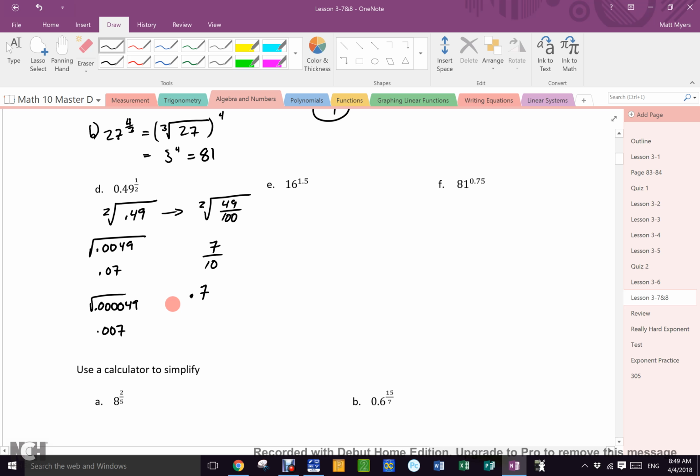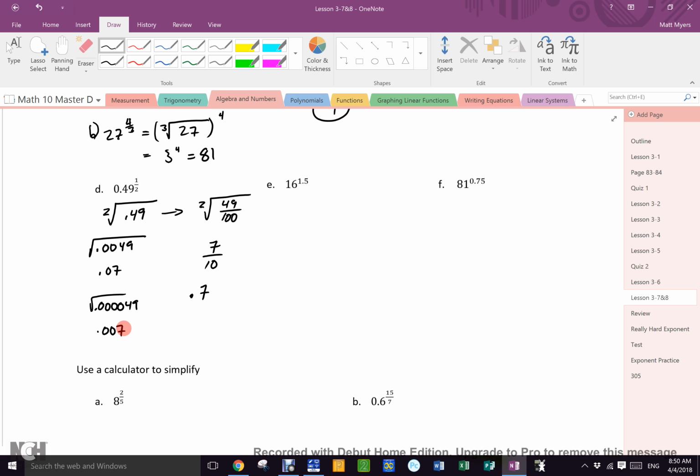Could I get a square root? No, why? Why can't I get a square root if there's 5 decimal places? Because you can't cut it in half, can you? Everybody with me?